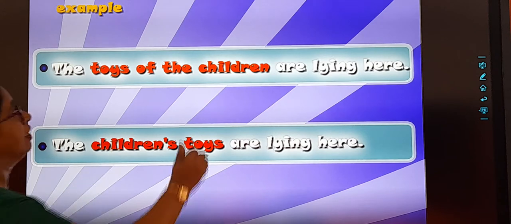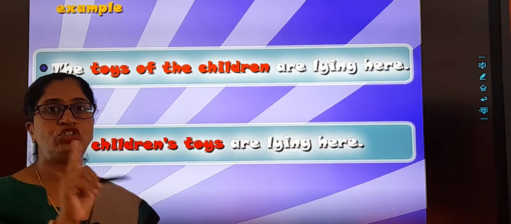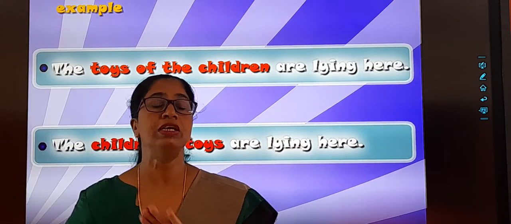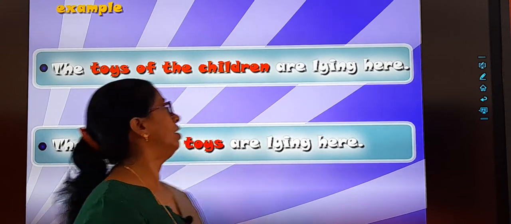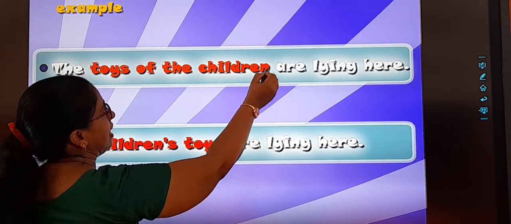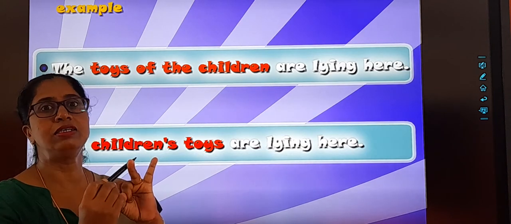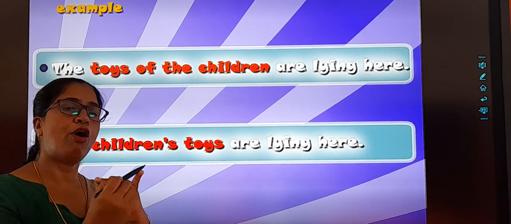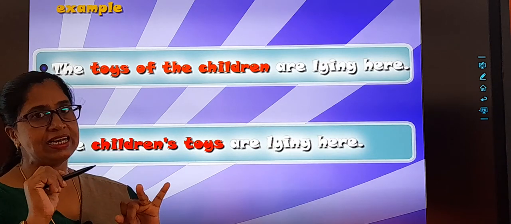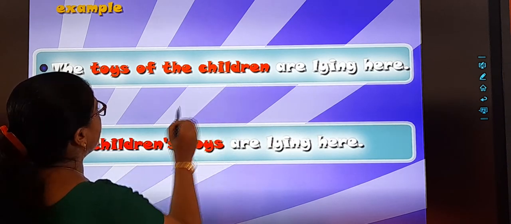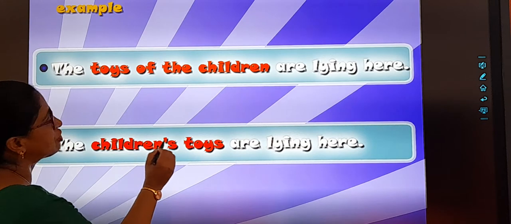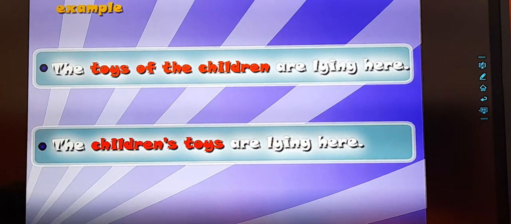So here the word child is singular, children plural, and in this plural there is no S at the end. Girl, girls, there is S. Boy, boys, there is S in the end. But children, no S. So you put apostrophe S, which is used to show possession.